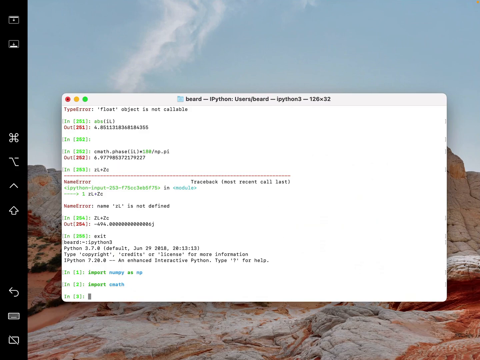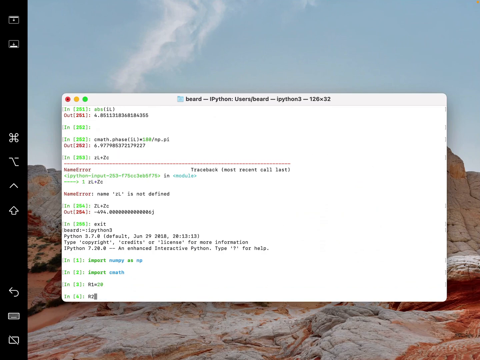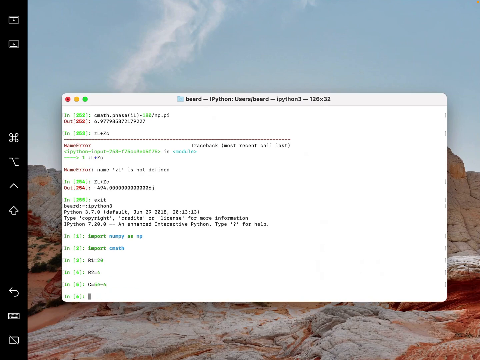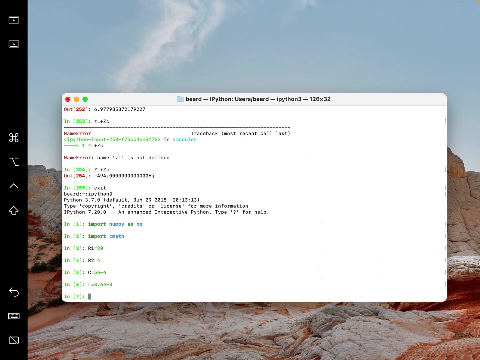Okay, and then I want to define R1 is equal to 20, R2 is equal to 4, C is equal to 5 times 10 to the minus 6 farads, and L is equal to 3.6 times 10 to the minus 3 henries, and then omega is equal to 5,000.